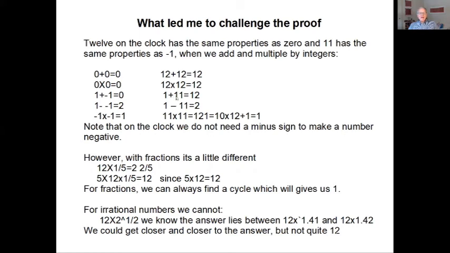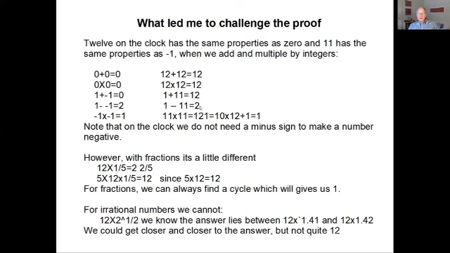And now 11 is the number before 12, so it could act like a negative number or a negative 1. We add 1 to 11, we get 12. We add 1 to minus 1, we get 0, the equivalence. And when we subtract 11 from 1, if we went around the clock, we'd end up at 2, going backwards, if that's the way we look at subtraction. Or we could realize that this is a negative number, gives us 2.